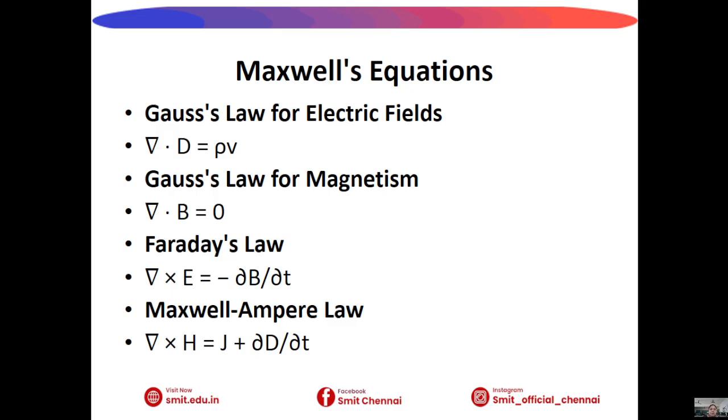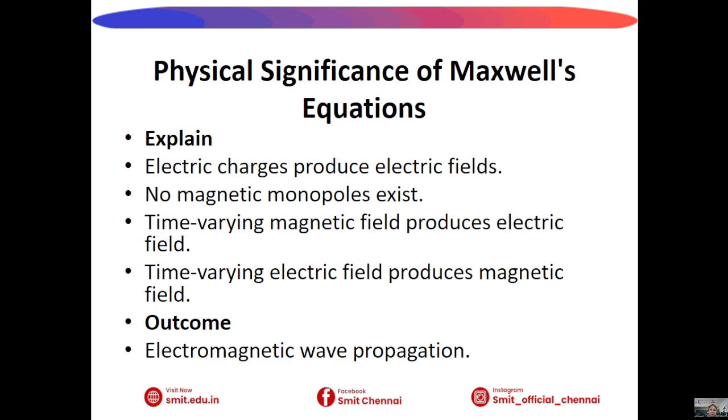The third equation is Faraday's law, which states that changing magnetic fields generate electric fields. The fourth equation is Maxwell-Ampere's law, which states that changing electric fields generate magnetic fields. Together, these four equations describe all electromagnetic phenomena.